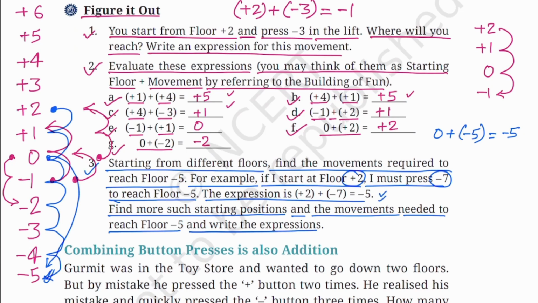The expression is given here. Similarly, you may start from minus 2 and reach minus 5 by adding minus 3. Minus 2 plus minus 3 is equal to minus 5.